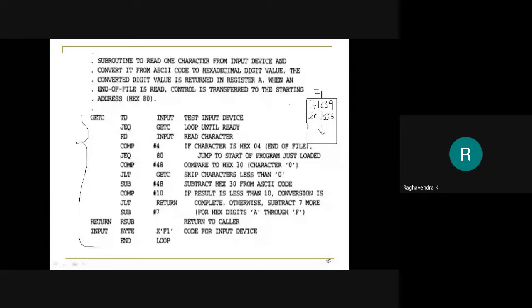First of all, to read from this device, I need to check whether this device is ready or not. How do we do that? We already know whenever we want to access any device, we are supposed to check whether the device is ready or not. If it is not ready, we have to wait, and then we have to either perform read or write. Here we are trying to perform a read operation, but before that we have to check for the readiness of the device.